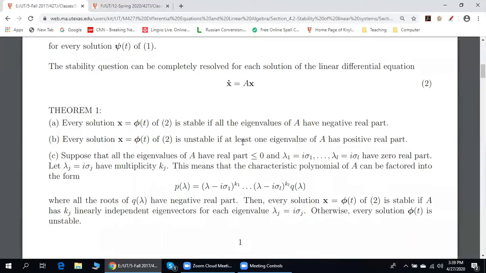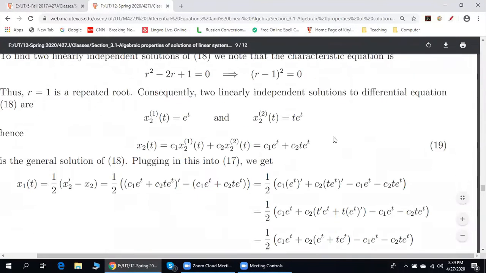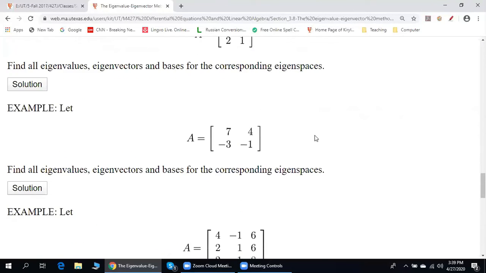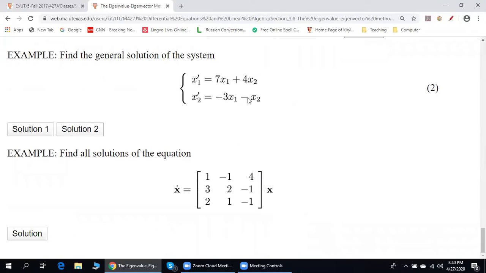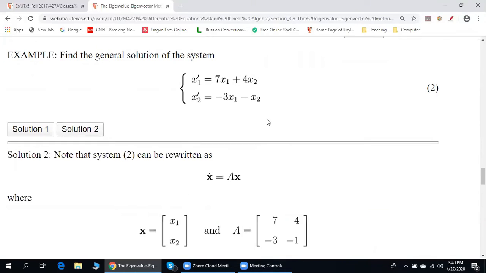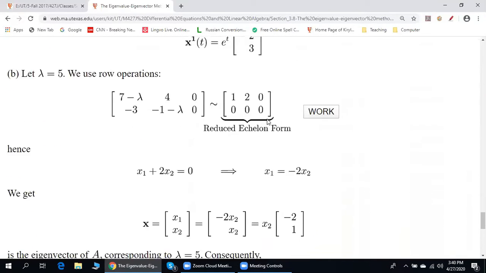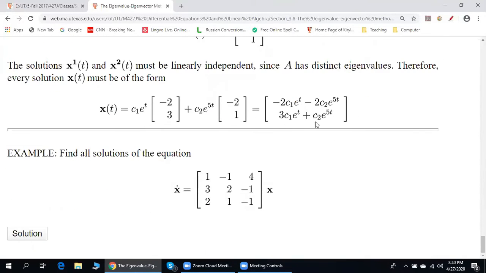Case B. If there is at least one eigenvalue that has positive real part, all solutions are not stable. Please take a look at this example. In section 3.8, we found the general solution of this system. Here is the general solution over here.